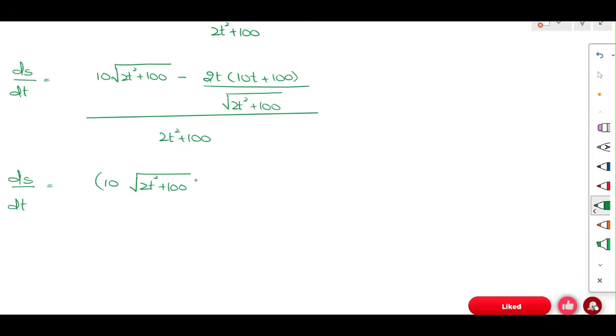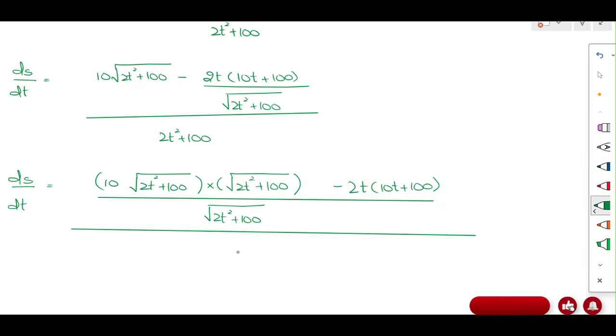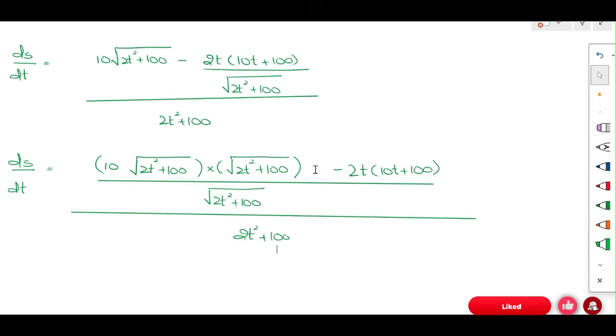This whole thing is multiplied by root of 2t square plus 100 and minus 2t into 10t plus 100, and this divides by square root of 2t square plus 100, and everything divided by 2t square plus 100. I simplify the numerator only, the denominator stays the same.